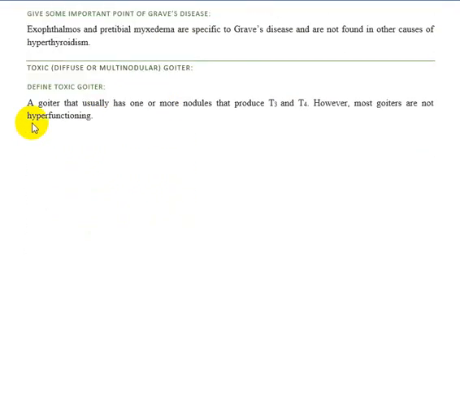So the next one that you can see again in hyperthyroidism is toxic diffuse or multinodular goiter. These are all the names of this particular goiter, which can also cause hyperthyroidism.